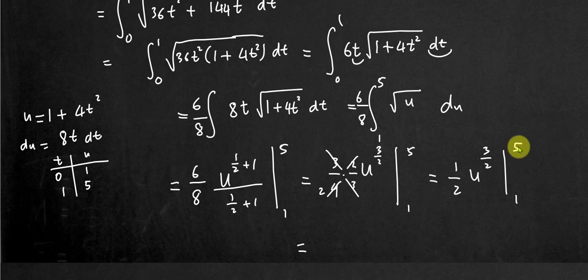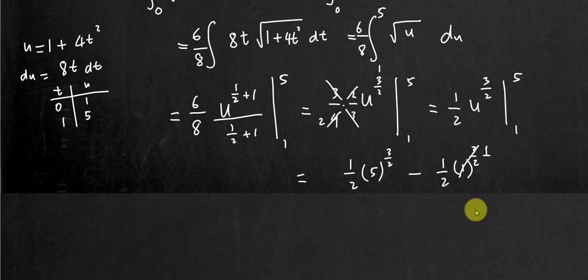And finally, I can plug in 5 to u. So 1/2 times 5 to the 3/2, and then minus plug in 1 to u. So 1 to the 3 over 2. This was a typo before, it should be 3 over 2. So let me erase that. 3 over 2. And this is 1. And minus 1/2, so this whole thing here is just 1, and then we can simplify everything here.